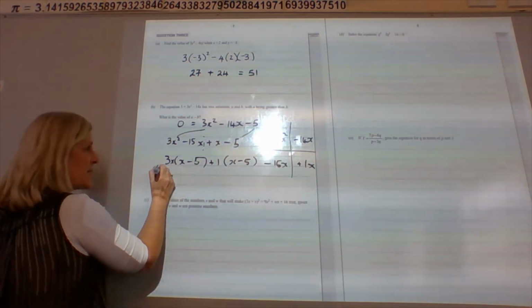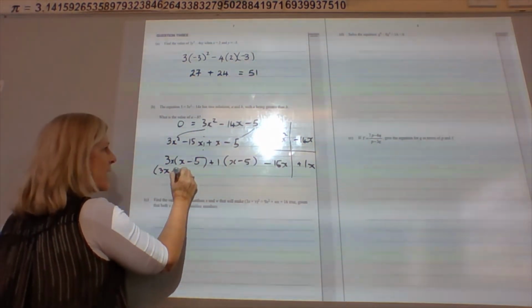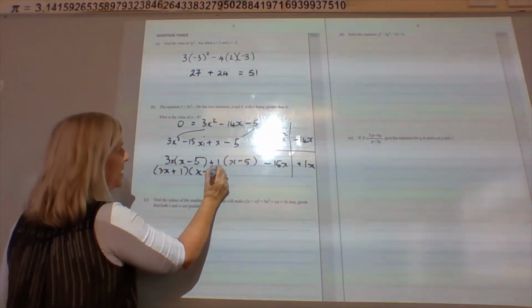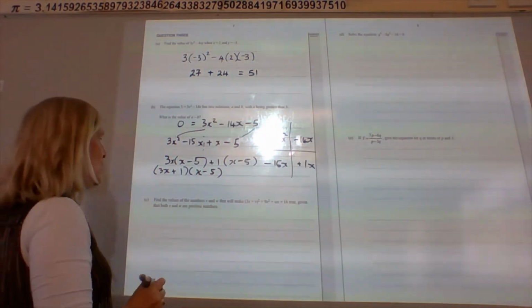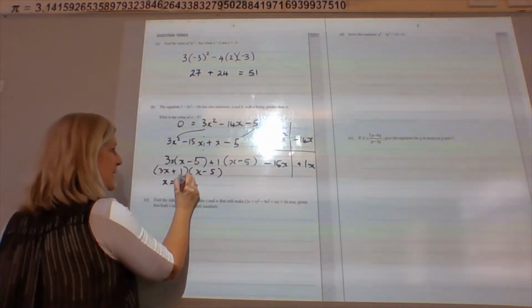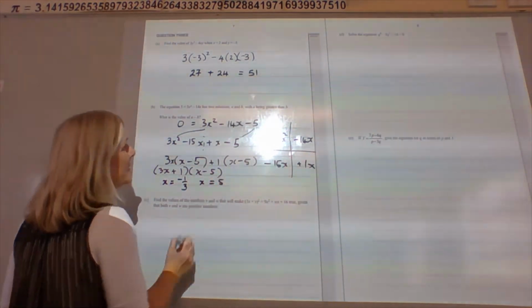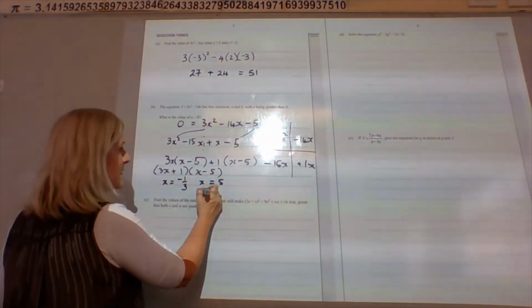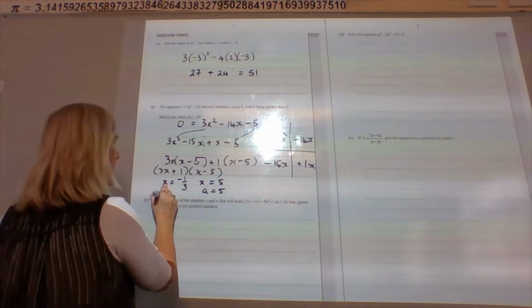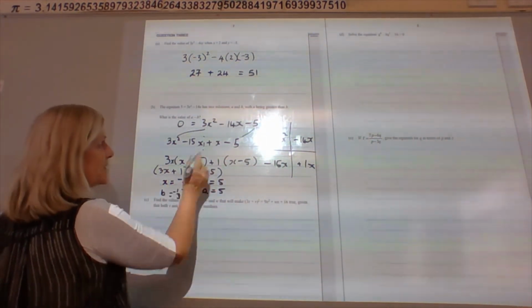So our two brackets are 3x plus 1 and x minus 5. Right, we're finding the solutions. So this one is negative a third, and this one is 5. So A is 5, and B is negative a third, because A is greater than B.